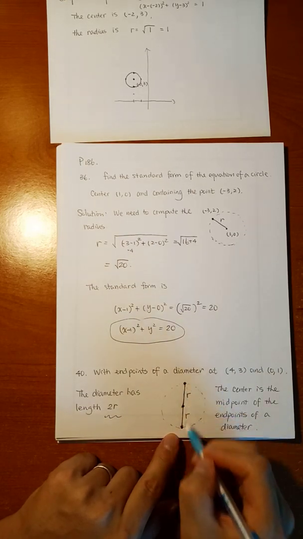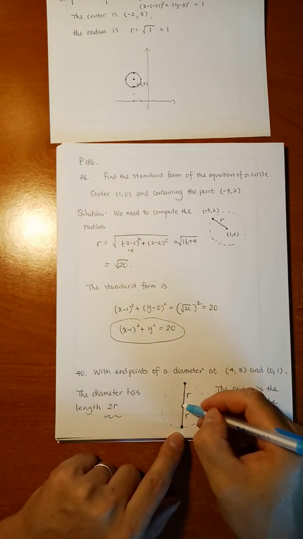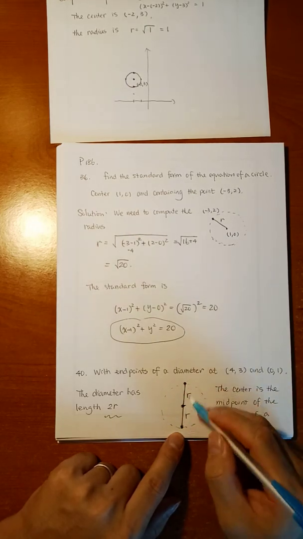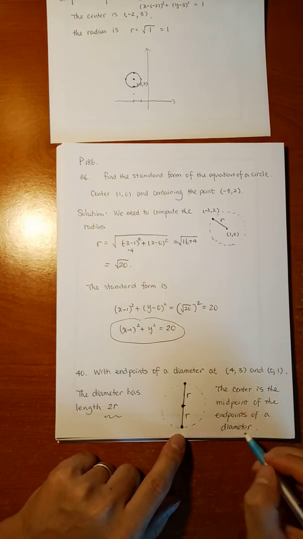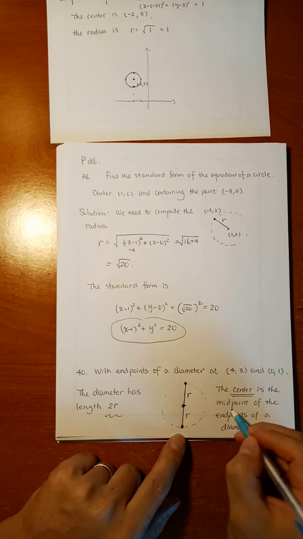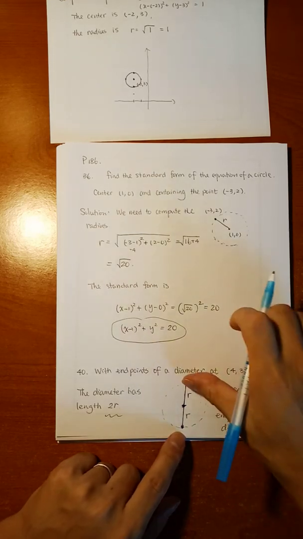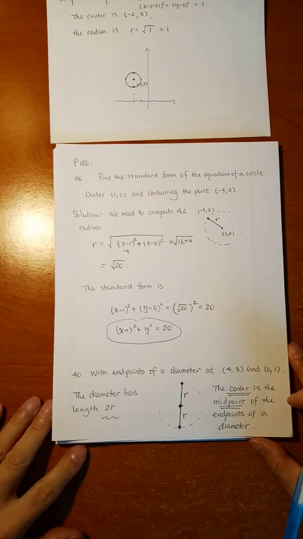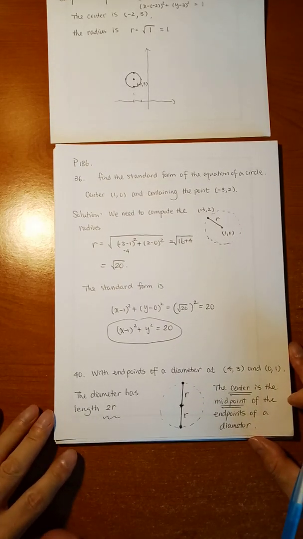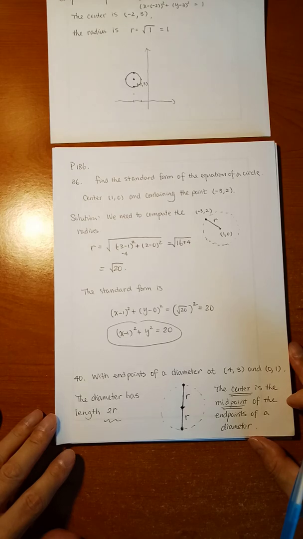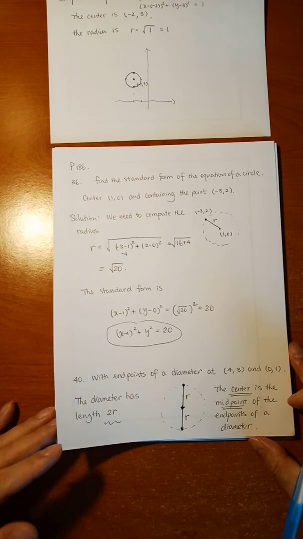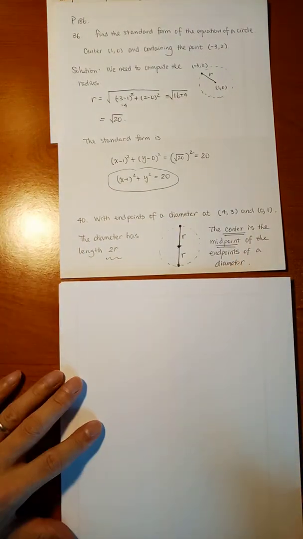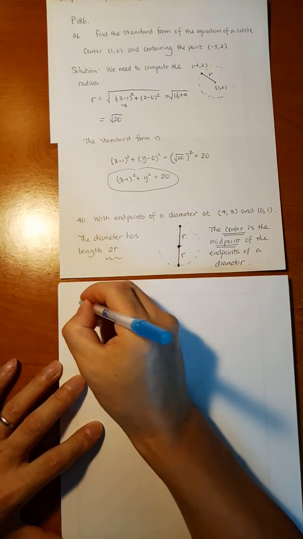Okay, so you have this point, you have this point, you connect them, and this is the center, and it is also the midpoint of them. You see? The center is the midpoint of the diameter. So those two geometric conclusions are very important for the solution of this problem. Okay, so let's apply those two geometric conditions.